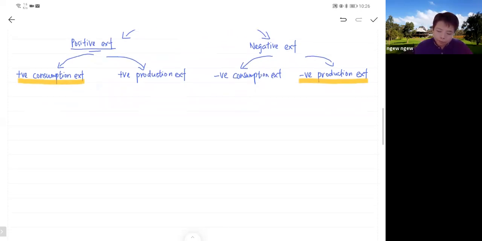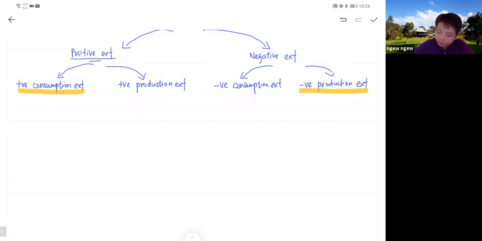Okay, now, positive externality happens when the consumer's action actually generates a positive effect to the third party. So in this case, the first thing you will need to work out is a simple so-called formula, okay? If consumers' action generates a positive effect to the society, then the marginal social benefit is greater than marginal private benefit.